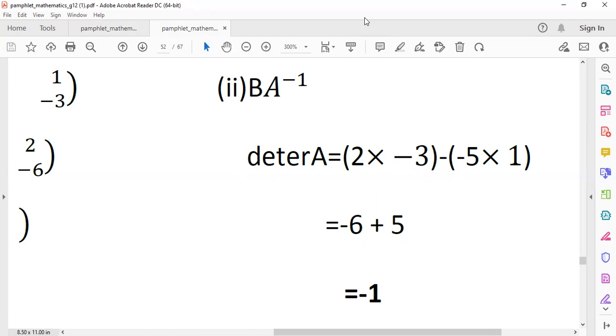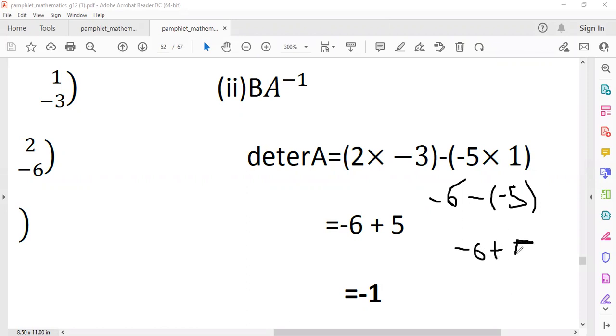So we know that negative, negative, positive. So it's negative 6 plus 5.